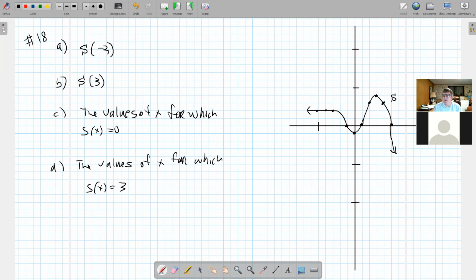Now, slight difference here. Notice part C and part D, it asks for the values, not the value. So there's going to be more than one x value that has the same y value. That's okay. Two people can have the same birthday, still a function.